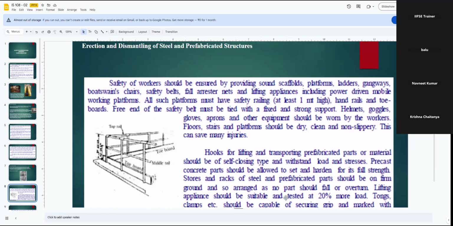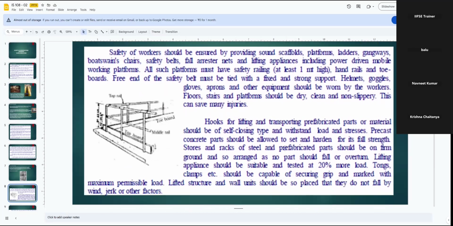Whatever structure we have fabricated, it should be protected from heavy winds or any jerks, or sometimes accidental hits by heavy equipment on the construction site. Any other factors, it should be properly protected.